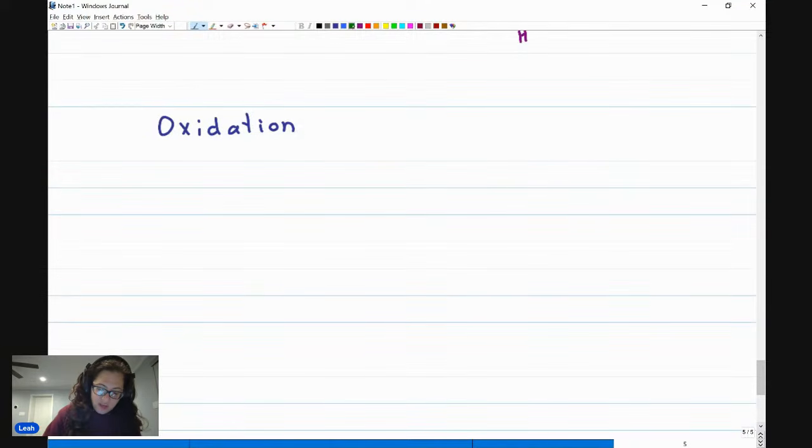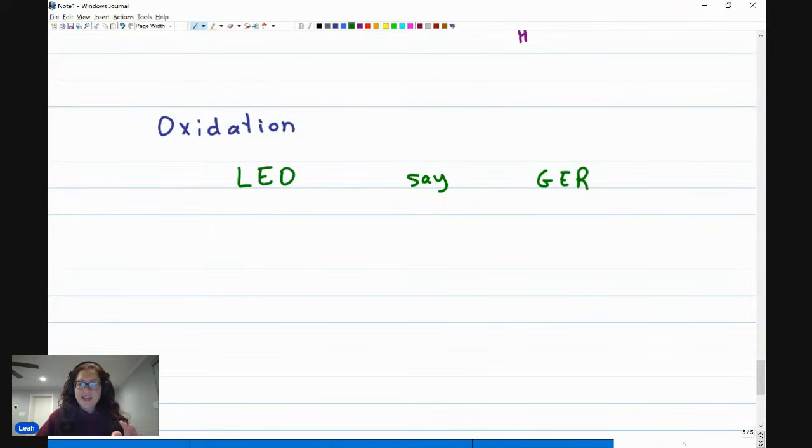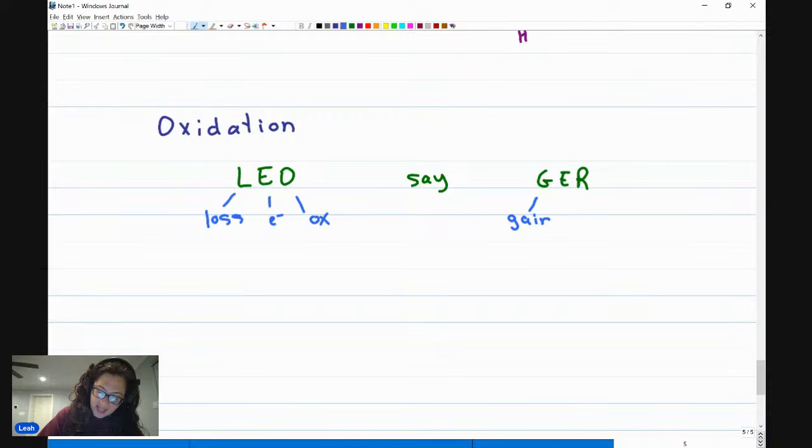My favorite to use is the following. And let me know if you learned this one or something else. And the mnemonic here is Leo the lion says, grrr. That's my scary grrr growl. What that stands for is loss of electrons, oxidation, and gain of electrons, reduction.